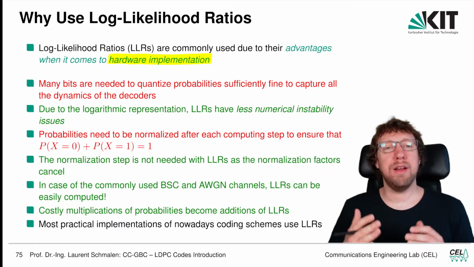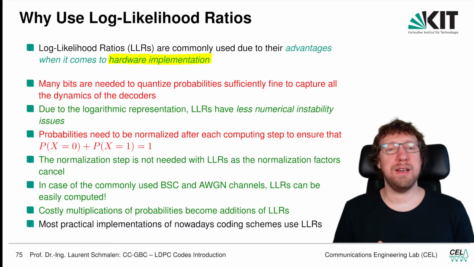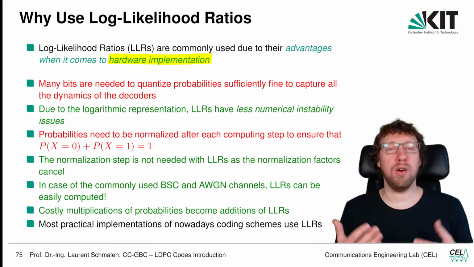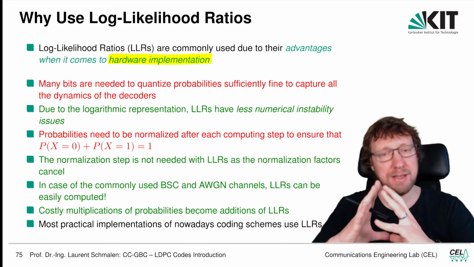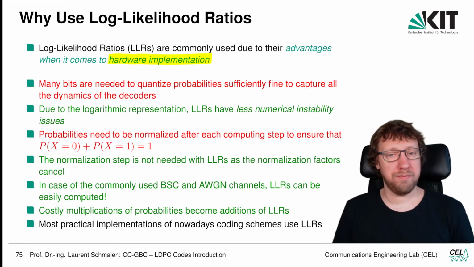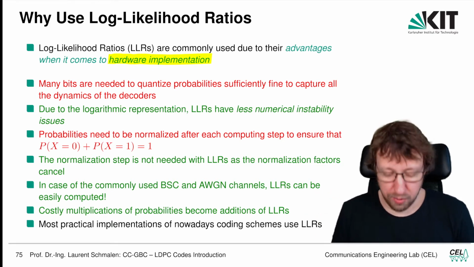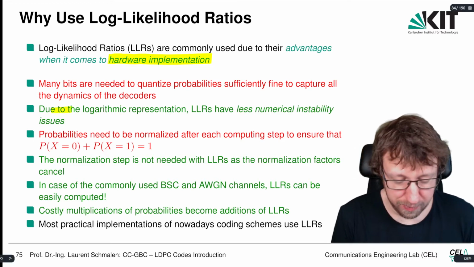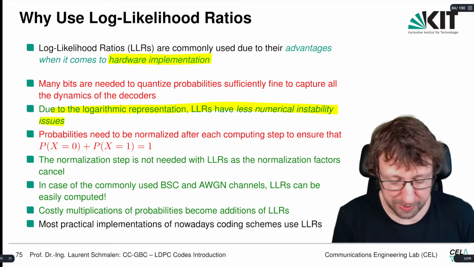And then we need a lot of bits to represent these probabilities sufficiently fine to capture all the dynamics that happen inside a device or a decoder. And these dynamics can be avoided by the use of the logarithm. The logarithm essentially compresses the probabilities to a smaller dynamic range. So we have less numerical instability issues because of this logarithmic representation.